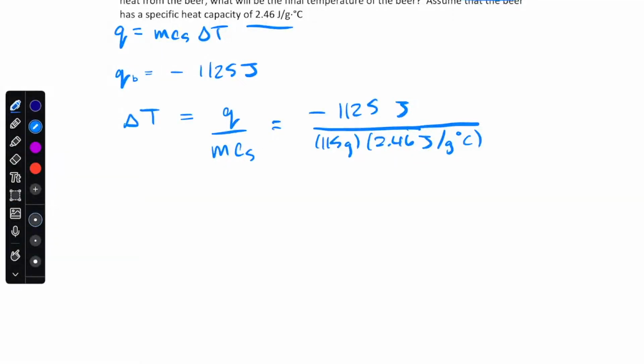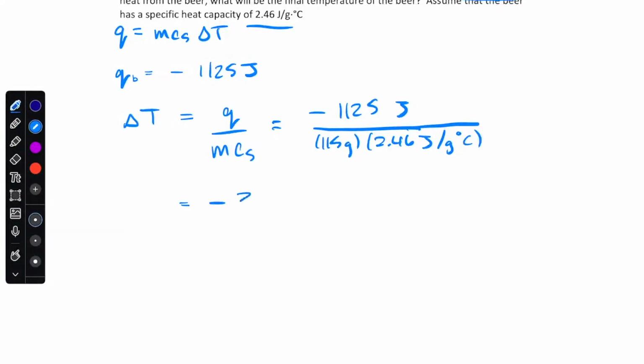So its specific heat capacity has got to be close to that of water, which is 4.18. So this is a made up number. But anyway, hopefully that doesn't ruin the magic for you on this particular question.